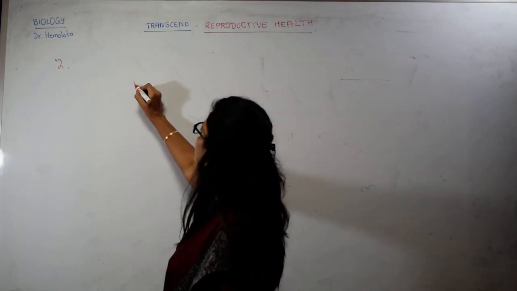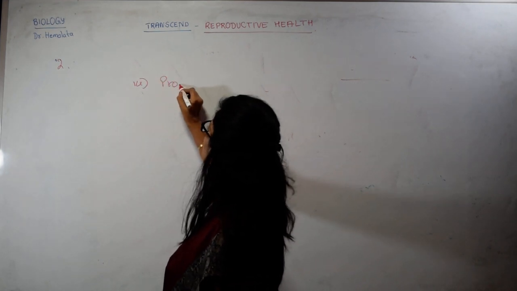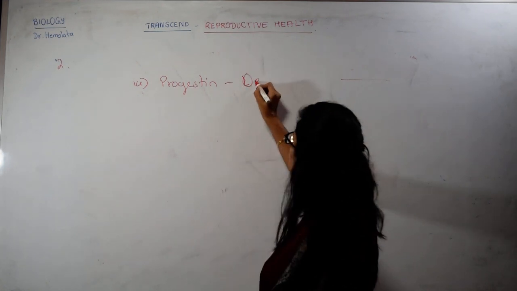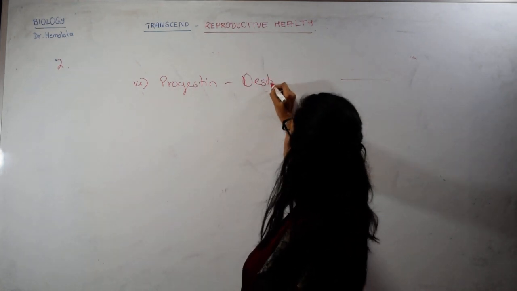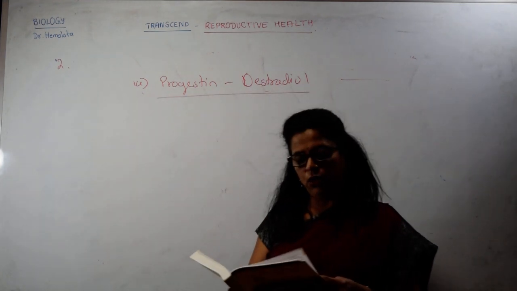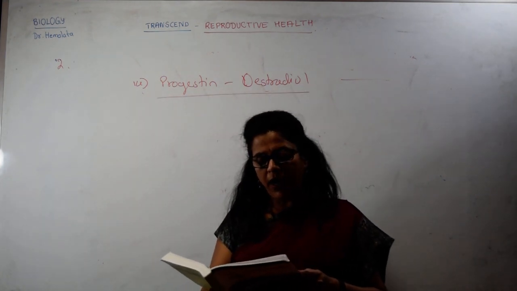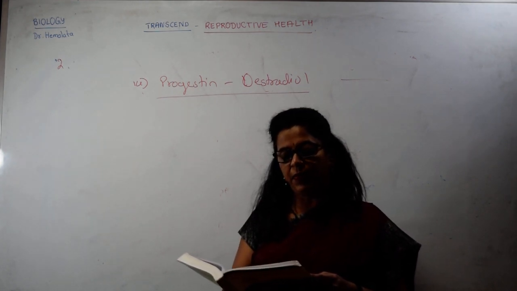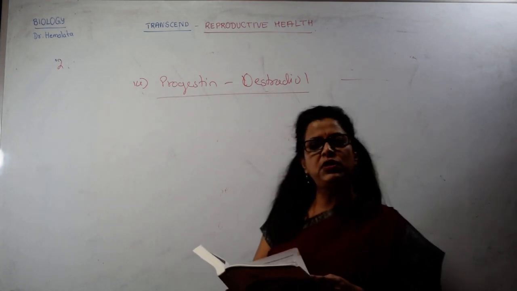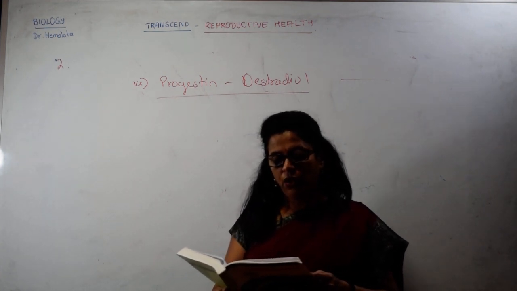But in the 14th question, progestin and estradiol are given. The spelling can be given like this also. Progestin and estradiol combined contraceptive pills inhibit ovulation. These are the combined ones, where both hormones are there in the pills.